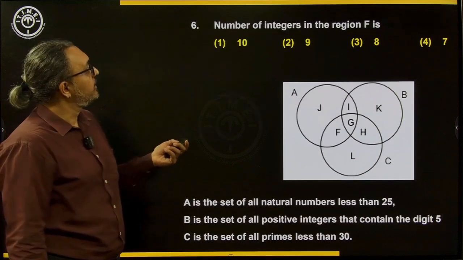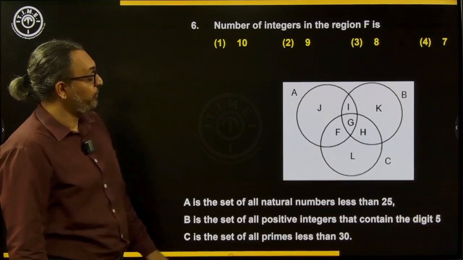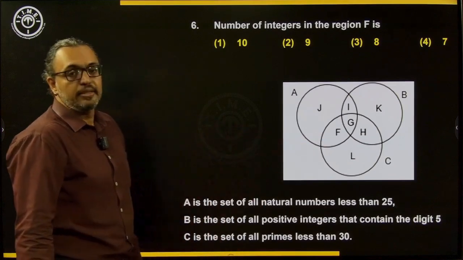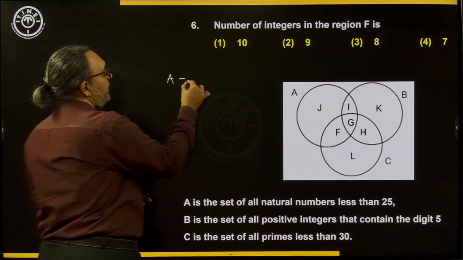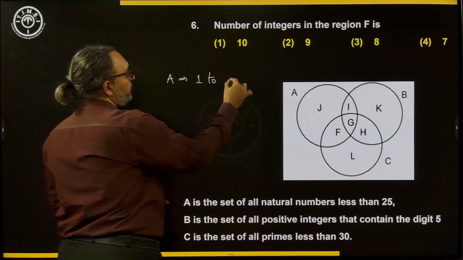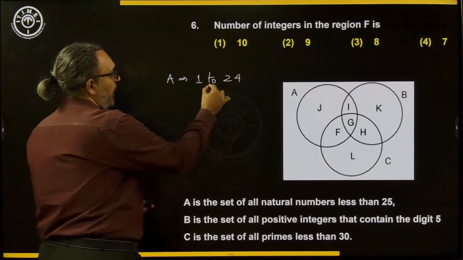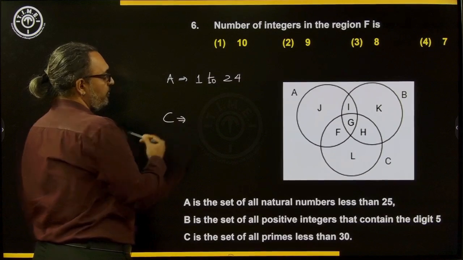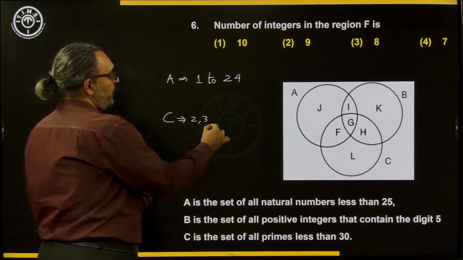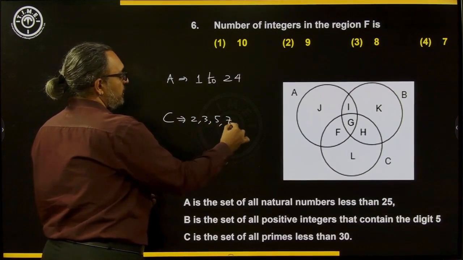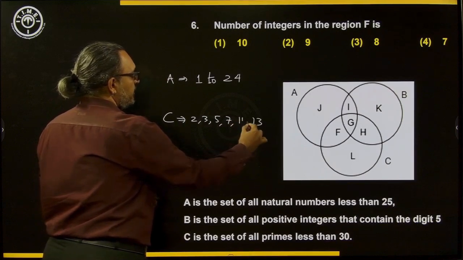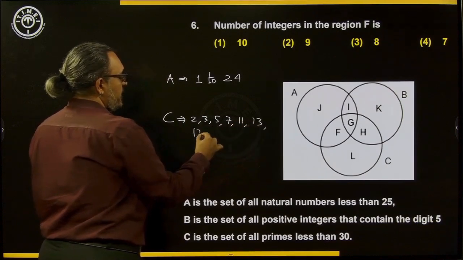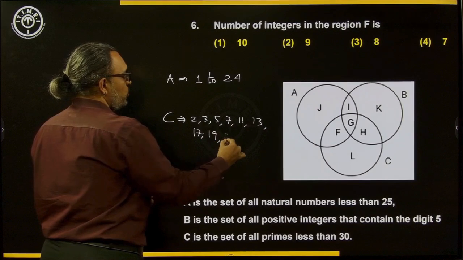Right. Then next, the number of integers in the region F. See F. So again, we have A is 1 to 24. Correct? And when you look at C, you have 2, 3, 5, 7, 11, 13, 17, 19, 23, 29.